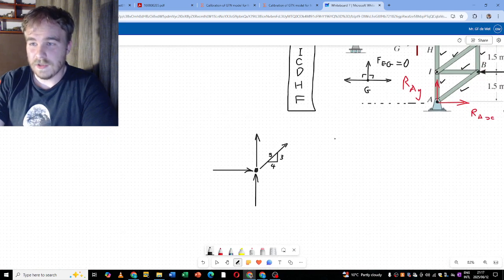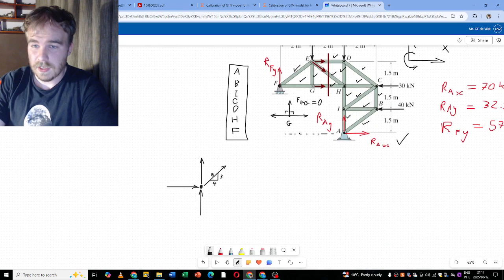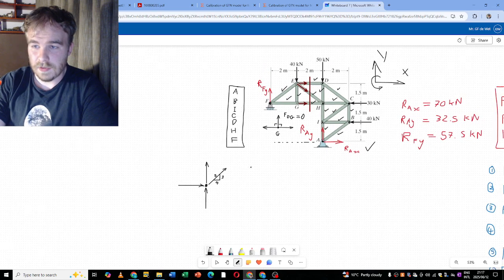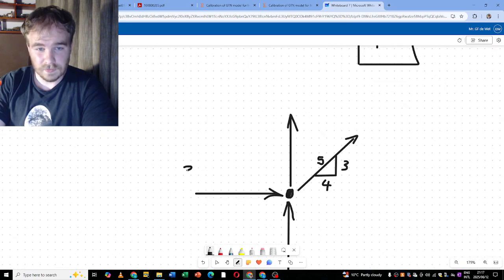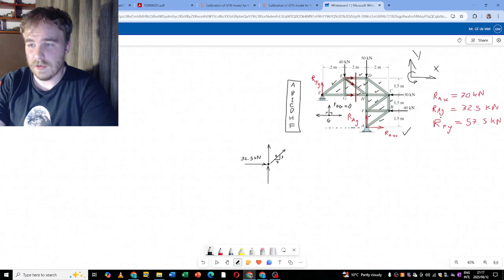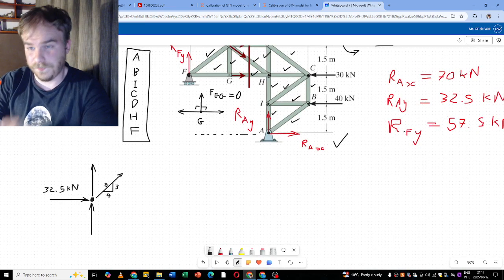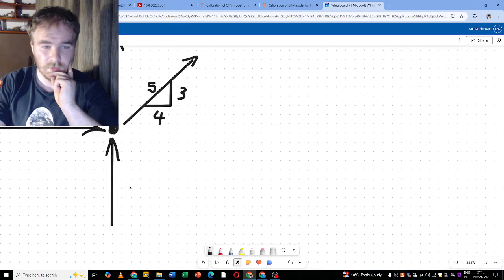So now we have the angles, and this guy, I'm going to just put in the value for the reaction force. It is a Y, and that is 32.5 kilonewtons, and then we have another one. This is RAX, and RAX is 70 kilonewtons.